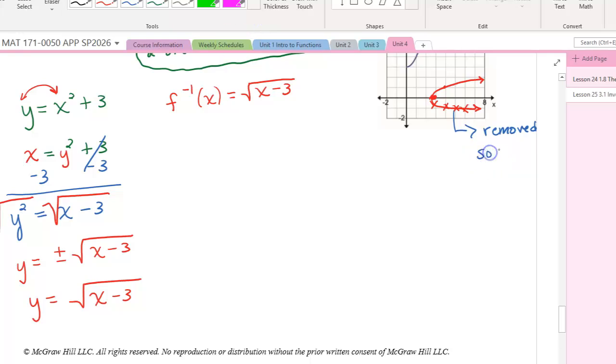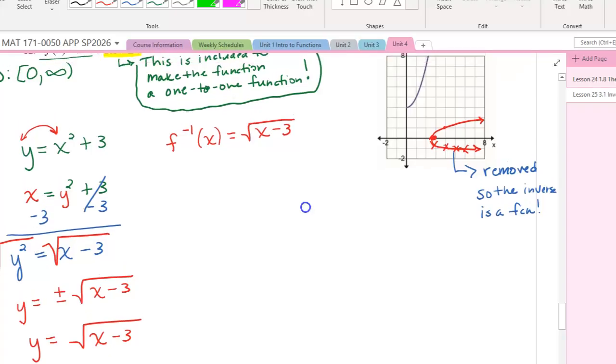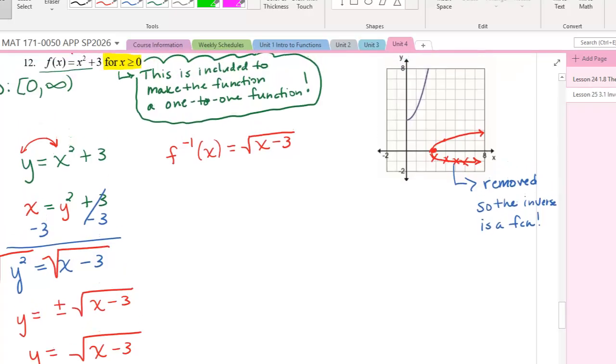So the inverse is a function. What would the domain of this function be? The domain of this function is going to be from 3 to infinity.